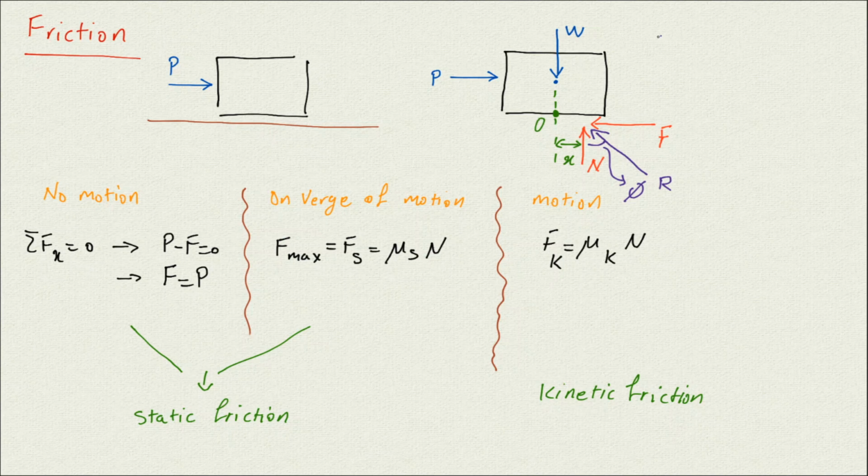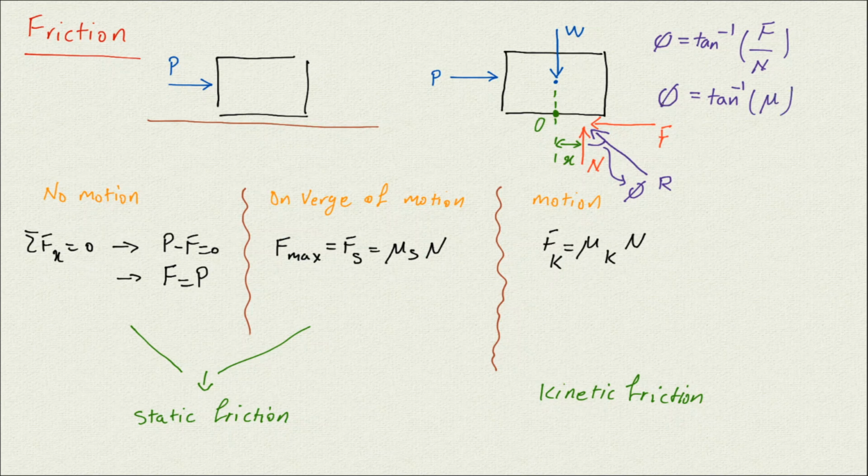The phi value is basically the tangent inverse of F over N. And from these two equations, F divided by N is mu. The same here, F over N is mu. So therefore, phi would be the tangent inverse of mu.